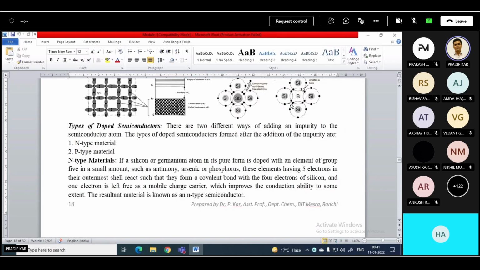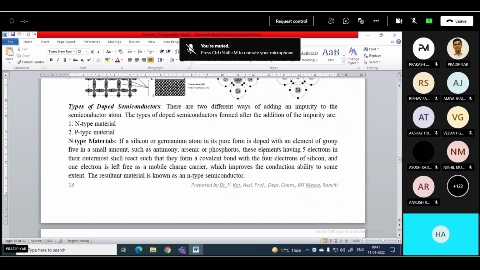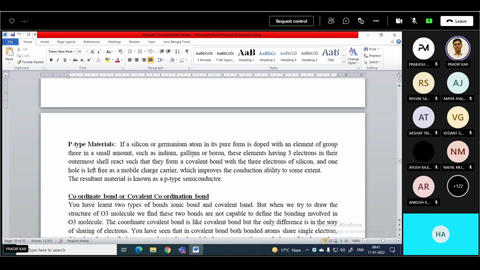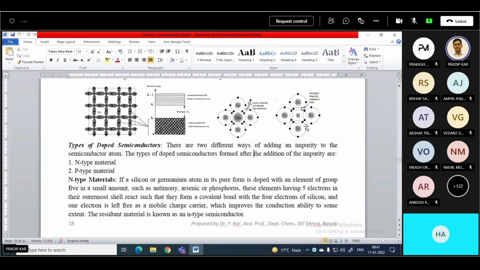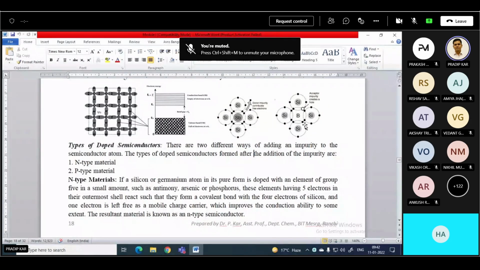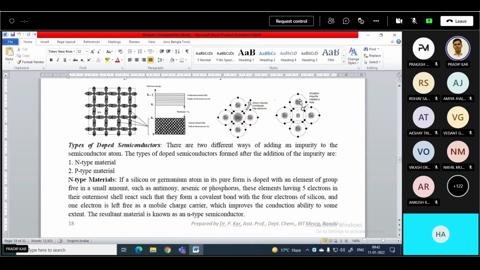Similarly, in case of P-type material, silicon or germanium is doped with a group 3 element. In the group 3 element, here you can see around boron, there are 3 electrons present and from 4 silicon it is sharing 4. So in total 4 plus 3, 7 electrons around the boron.